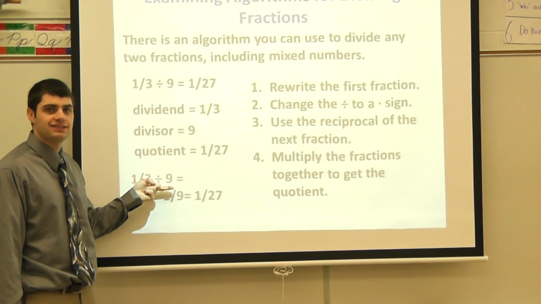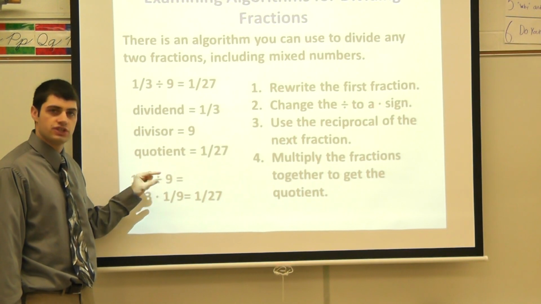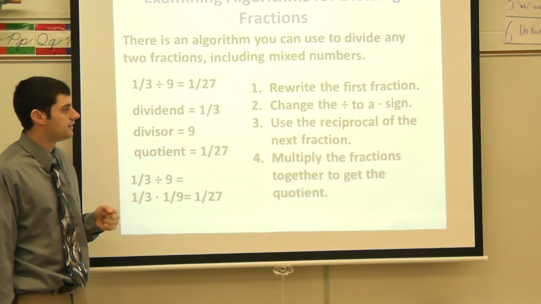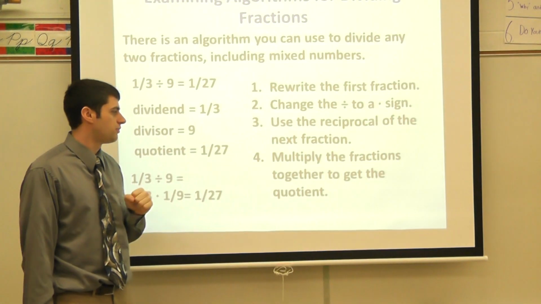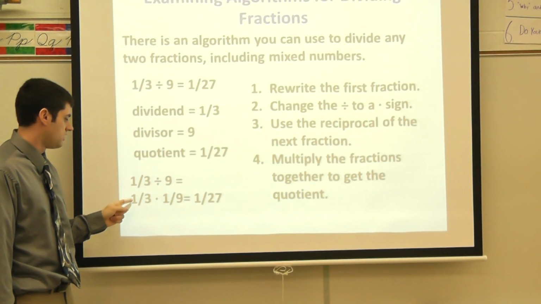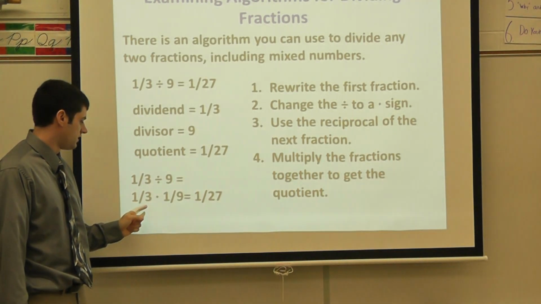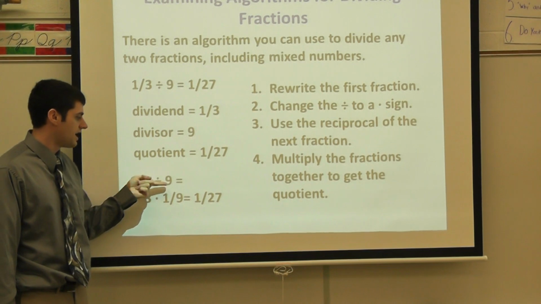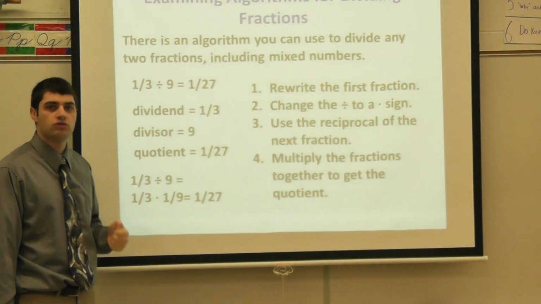Well, I know that 9 is the same thing as 9/1, so the reciprocal of that, remember recip and flip, we're going to flip it to 1/9. And then step 4 says to multiply the fractions together to get the quotient. Well, 1 times 1 is 1, 3 times 9 is 27, so 1/3 divided by 9 equals 1/27.